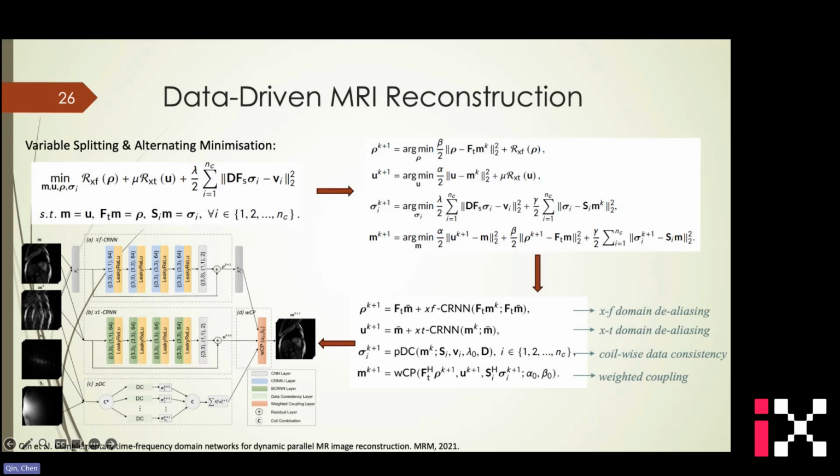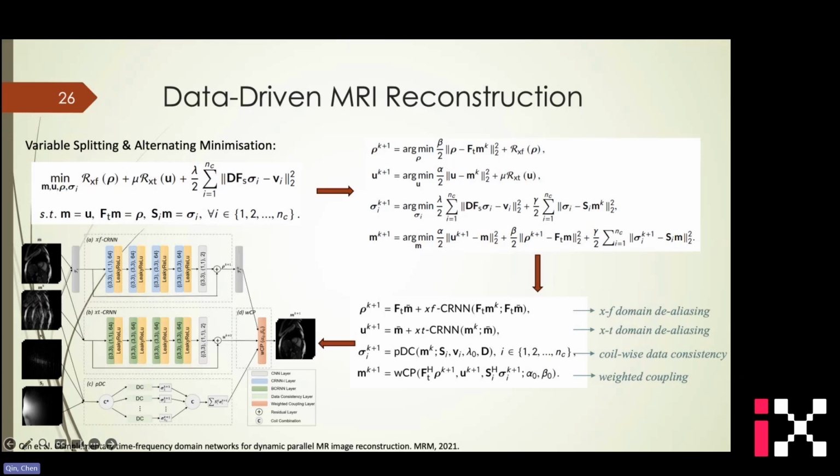So the first sub-equation corresponds to reconstructing the signal in this XF domain. And the second equation corresponds to the signal in the XT domain. And the third equation, as we saw before, is a data consistency term. A big difference is that here we have coil-wise data consistency, because in parallel imaging we have multiple coils to acquire the data.